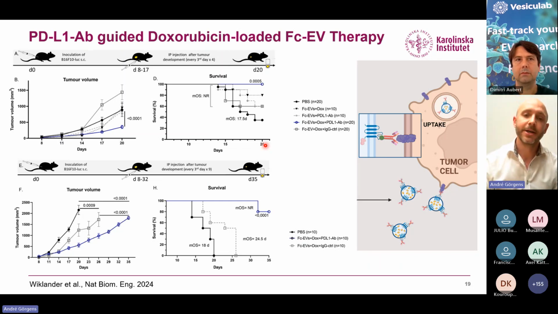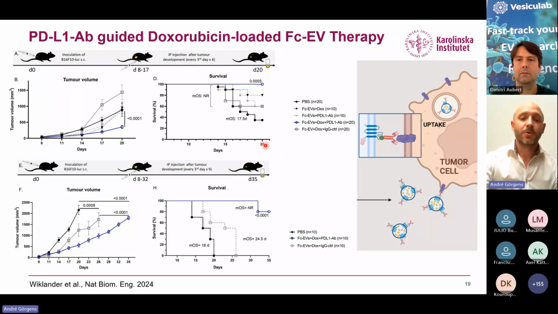So we then also set out to see how long we can have this effect. We did another setup where we tried to increase the time of this highly aggressive tumor model. Here as before, we started injecting the mice systemically after we had a palpable tumor, and then injected every third day.